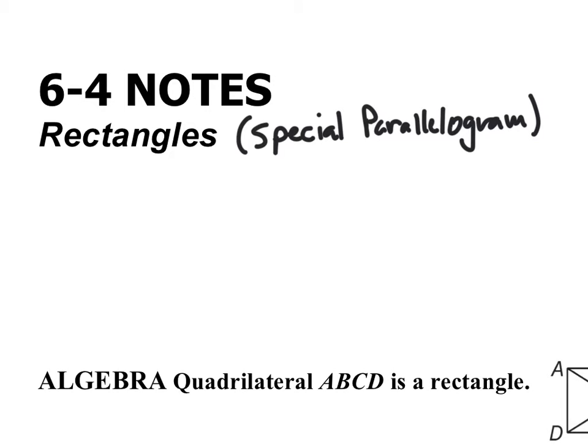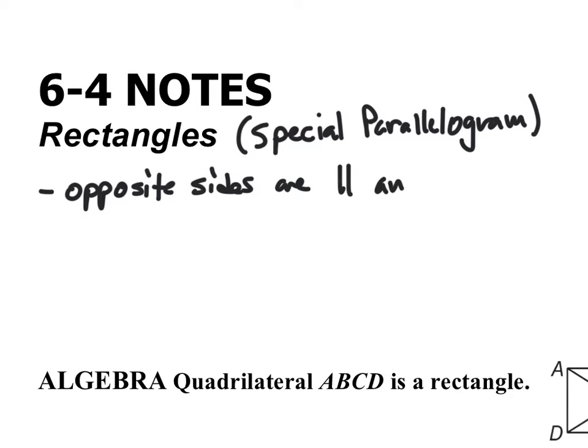Some of the properties that we know about rectangles are that opposite sides are parallel and congruent, just like in parallelograms. We know that all angles are congruent, so if all angles are congruent, then they're all 90 degrees.